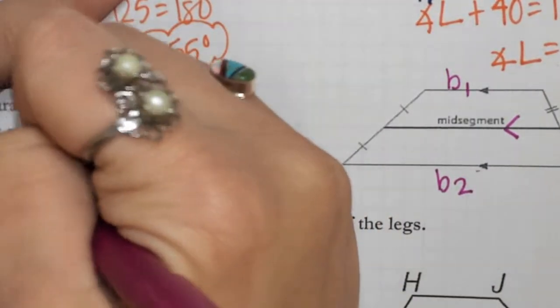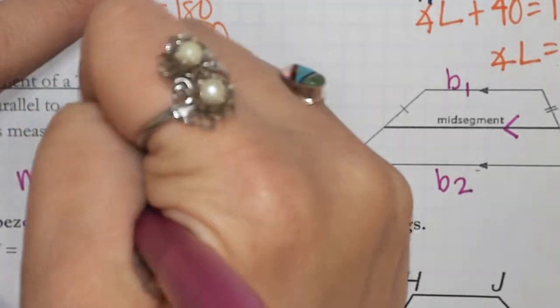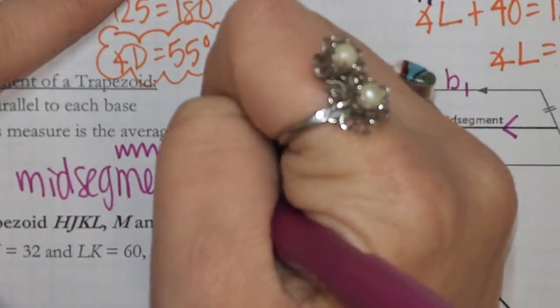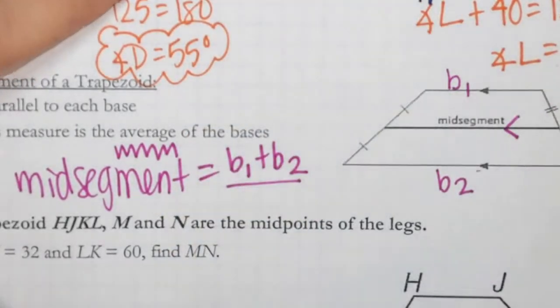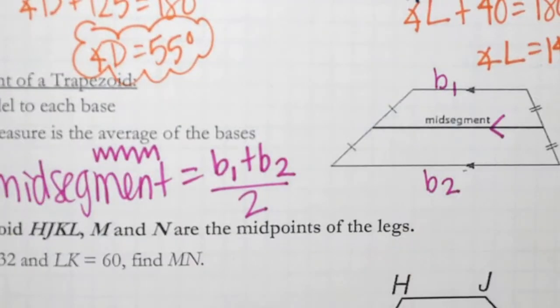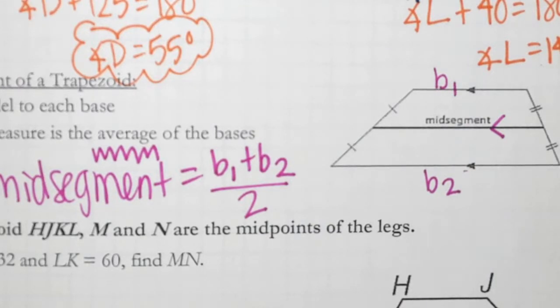So to get my mid-segment, I would do base 1 plus base 2 and then divide it by what? Equals the mid-segment.